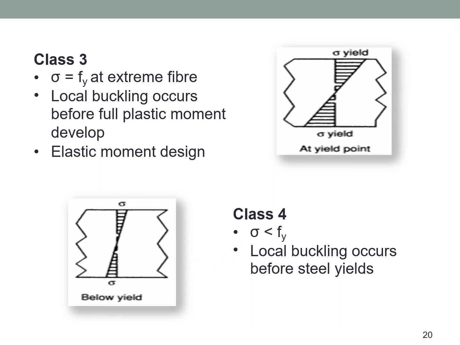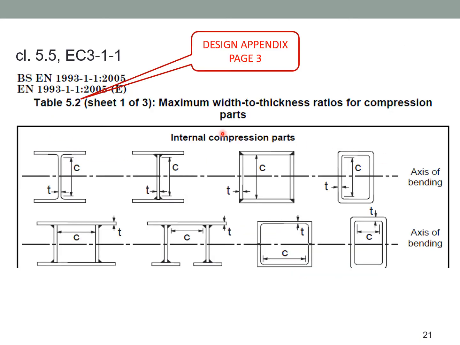Okay, how do we classify our section? Based on the design appendix, turn to page 3, Table 5.2. It gives the maximum width to thickness ratio for compression parts. Since we are going to use a rolled I section, here is our section.